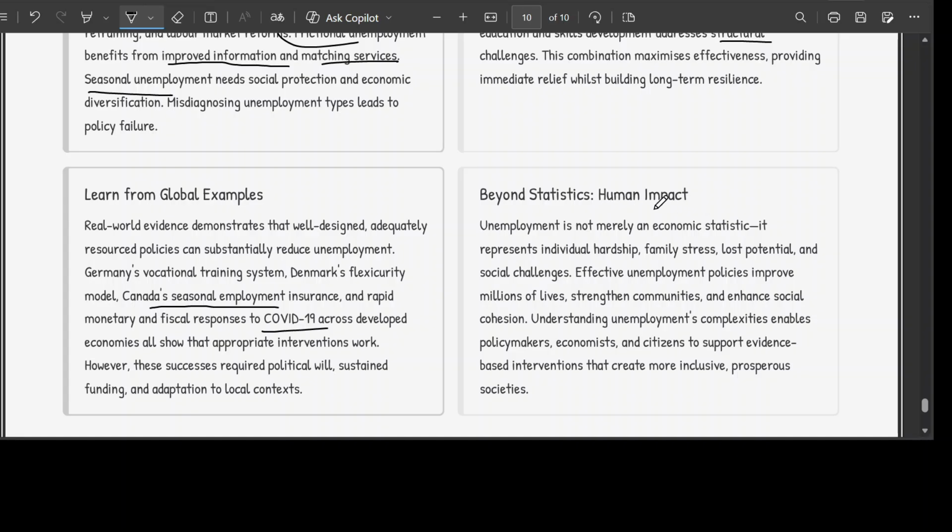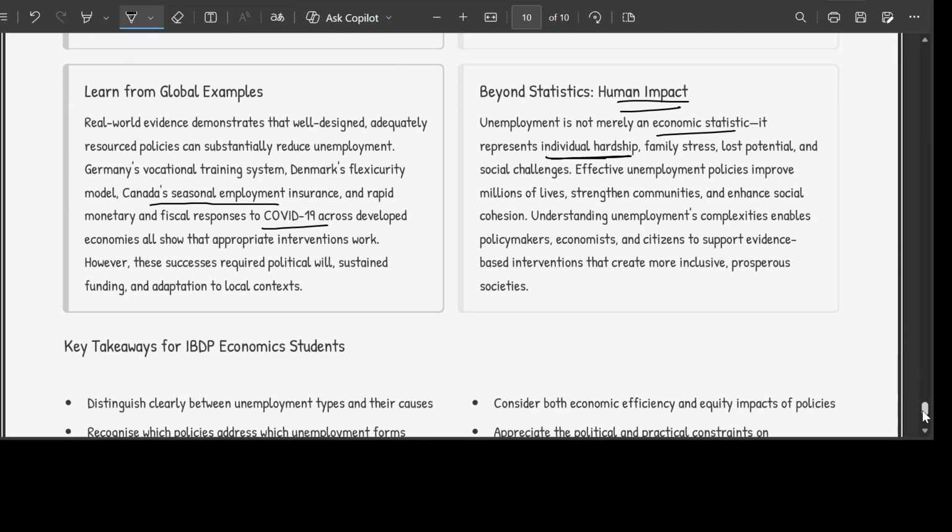And beyond statistics, the human impact is also very important. Unemployment is not just an economic statistic. It represents individual hardship, family stress, loss of potential, and social challenges. So understanding unemployment's complexities enables policymakers, economists, and citizens to support evidence based interventions.